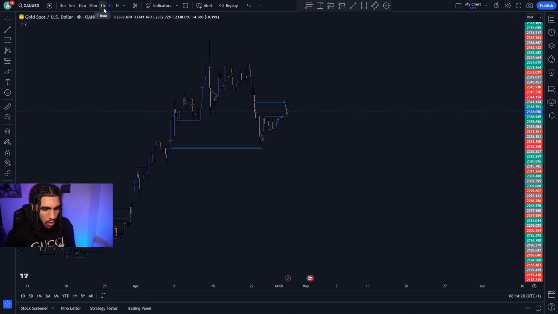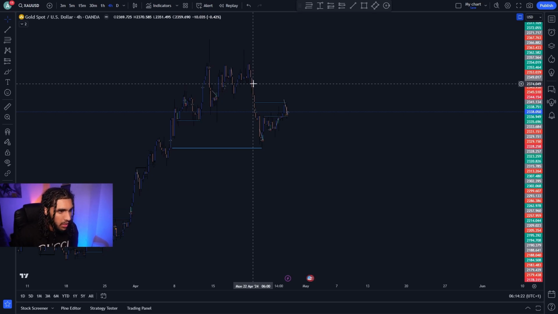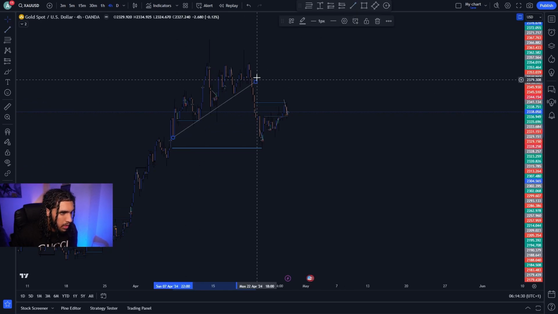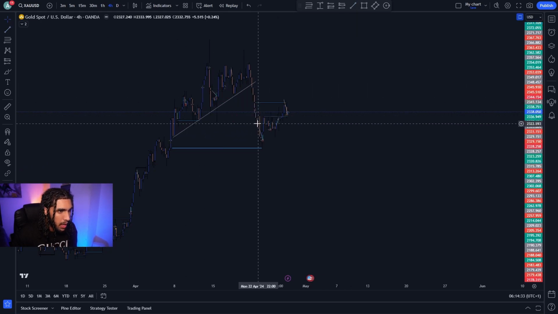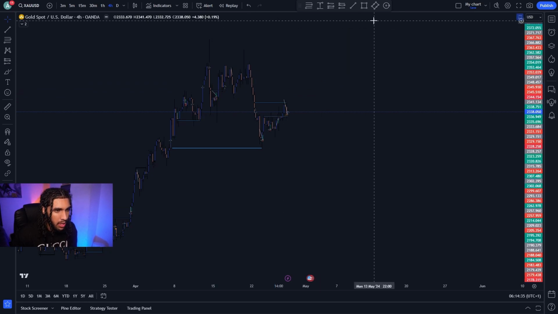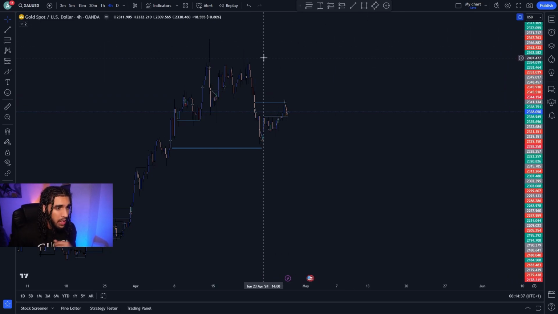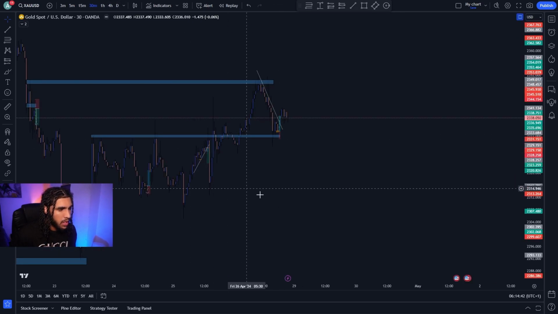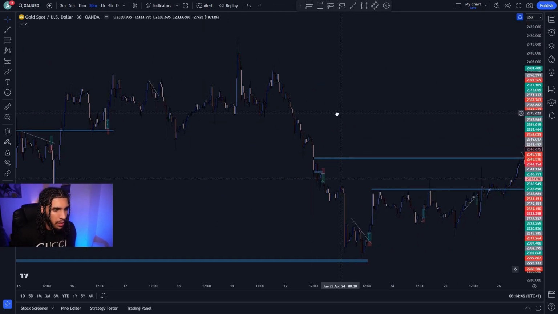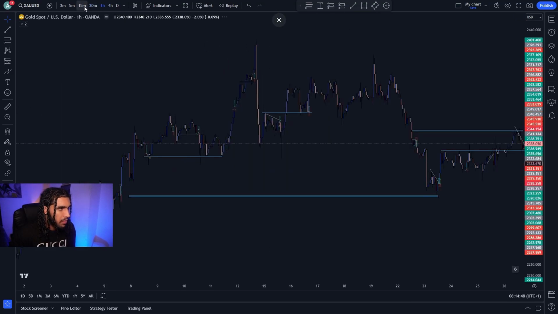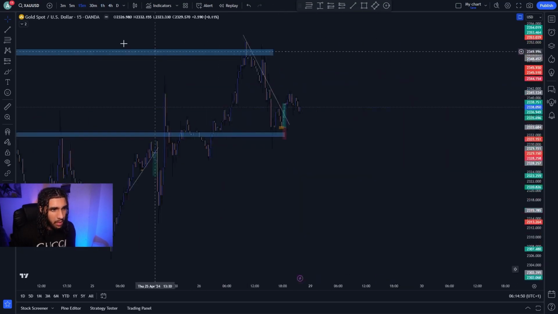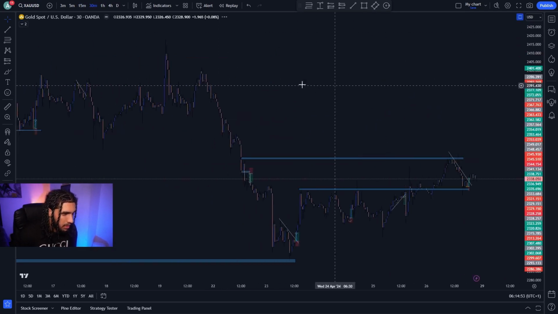You go down to your 4-hour and you can see it's broken a trend line, a big bearish trend line, absolutely smashed it down. So now I'm thinking, on the daily it's going up, on the 4-hour it's starting to come down, so you have to go even lower to your 30-minute, the 1-hour or the 15-minute time frame. Personally, the 30-minute for me.